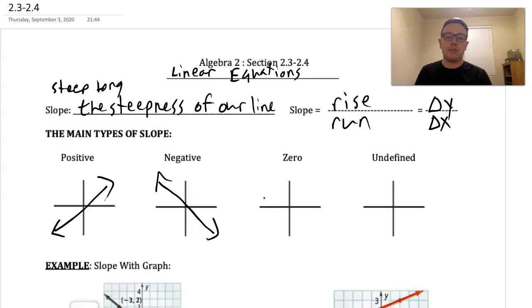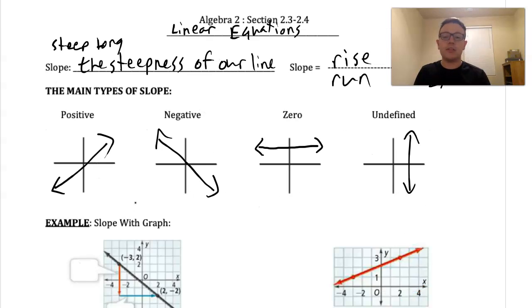We have zero, which means going from left to right, we don't change our rise at all. And then we have undefined. And undefined means we don't go left to right, which is why it's so confusing. Undefined means we go up and down. Now remember, we'll come back to this in a little bit, but we have a couple of special equations that we use when we have zero and undefined slopes.